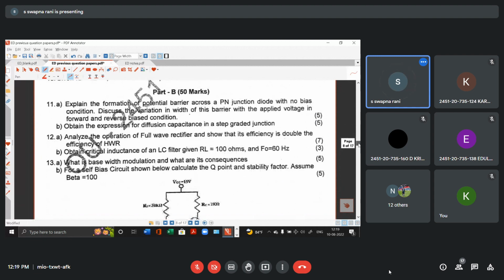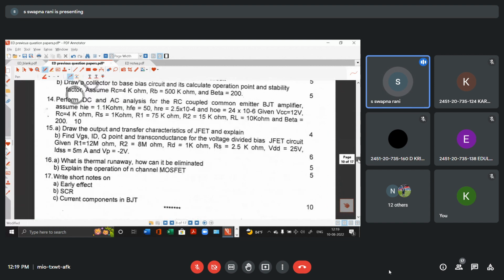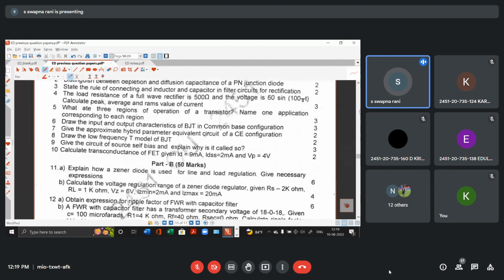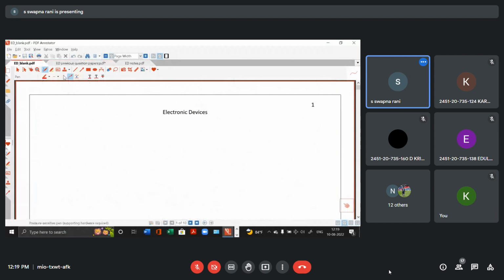Capacitances, diode current equation, capacitances, and in the long answer, how Zener diode acts as a regulator. So the topic we observed is PN junction characteristics.